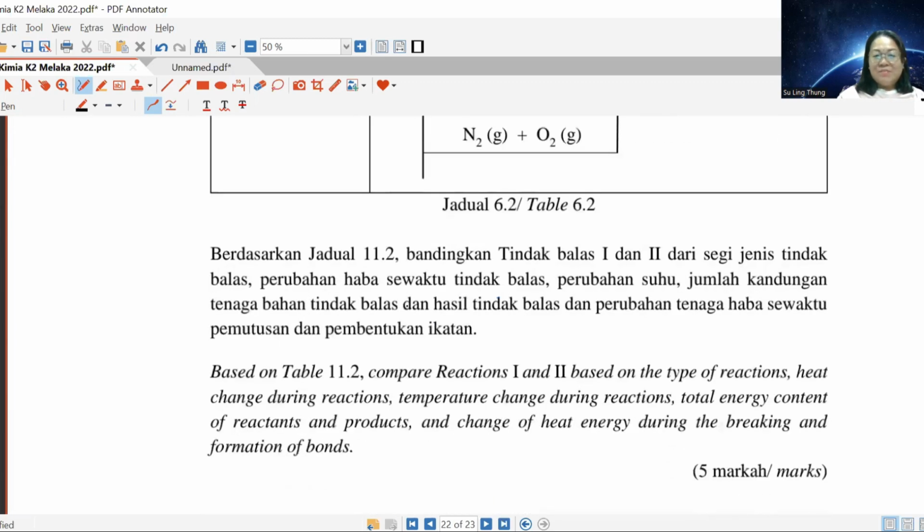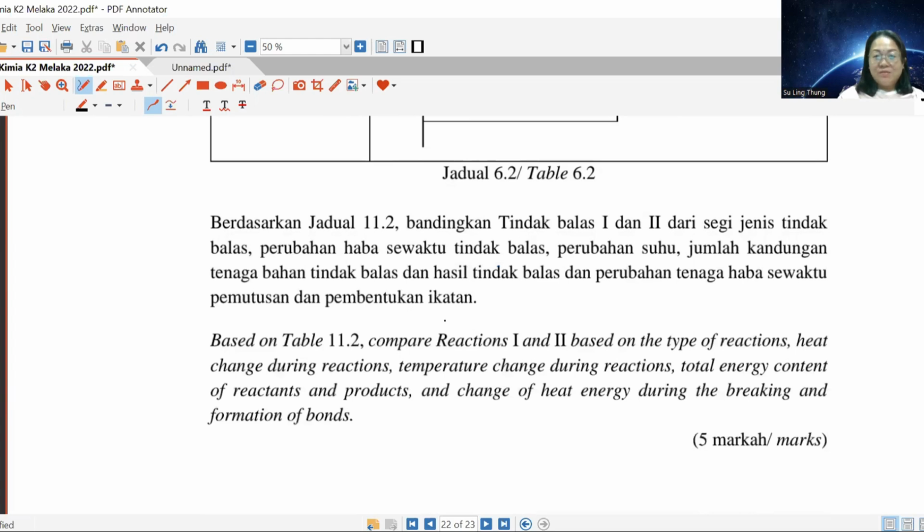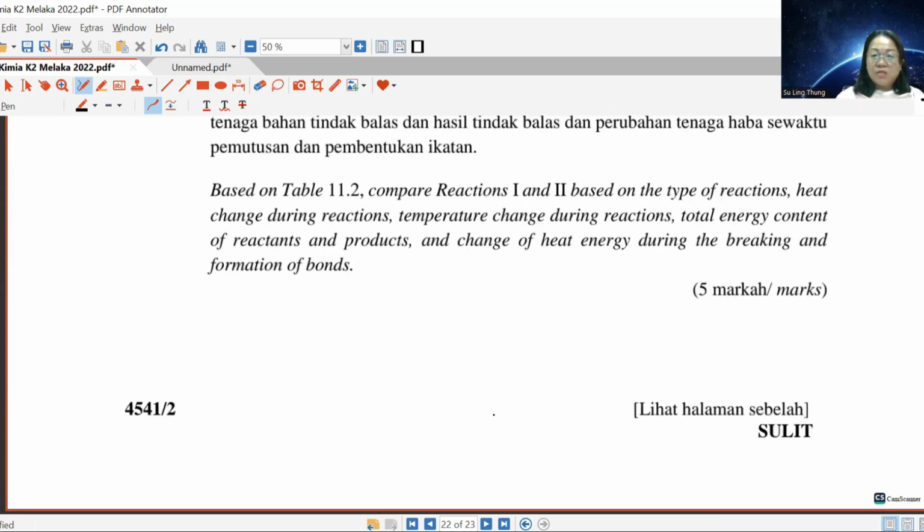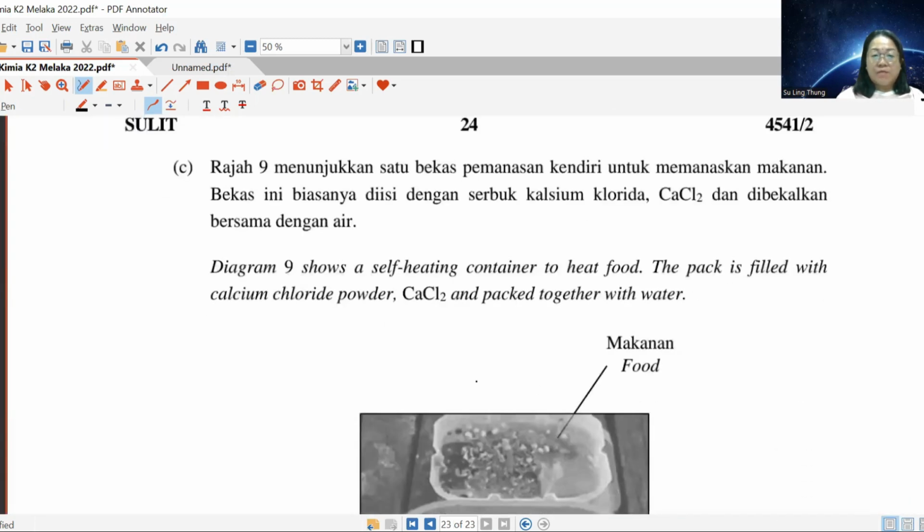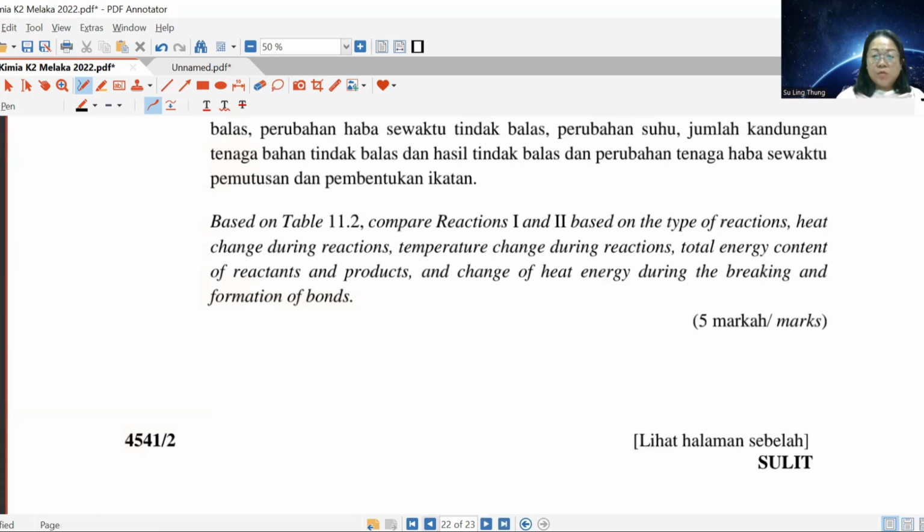Based on table 11.2, compare reactions 1 and 2 based on the type of reaction, heat change during reactions, temperature change, total energy content of reactants and products, and change of heat energy during the breaking and formation of bonds. So this is 5 marks. How is this done?